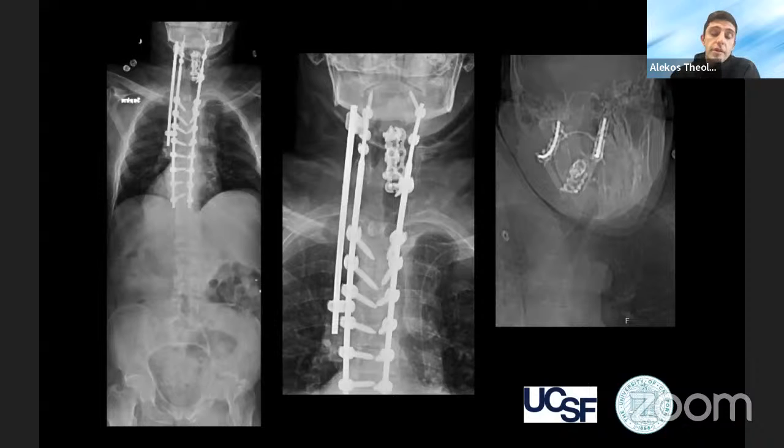Yeah, great question. Thank you for that. So my technique is I have two rails in. I will loosen the contralateral rod that I'm not working on at the time. We'll then do our initial compression on one side, and then we'll stabilize it and then go to the other side and do the same. So depending on what the deformity is, you can tailor your treatment, can go back and forth.